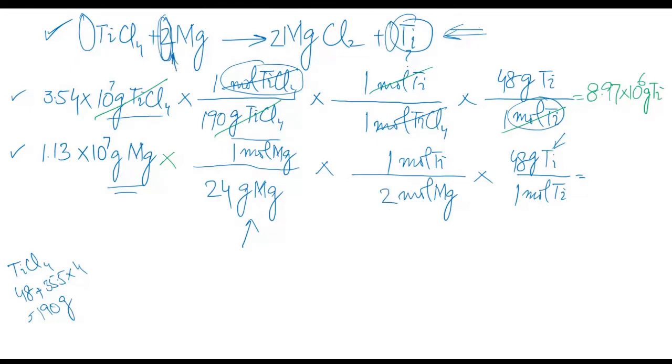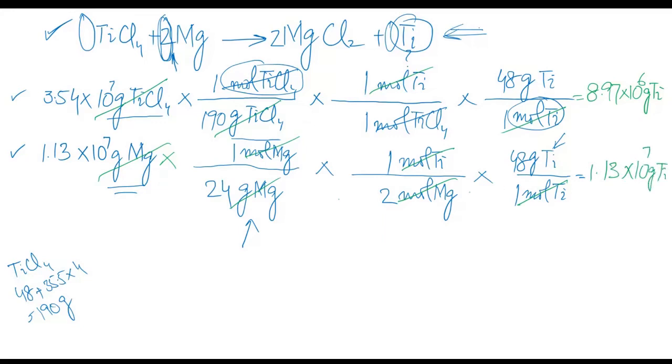Very good. Okay, now what will you do? Gram of magnesium, mole of magnesium, mole of titanium cancel. When you use calculator, your answer will be 1.13 into 10 to the raised power 7 gram of titanium.